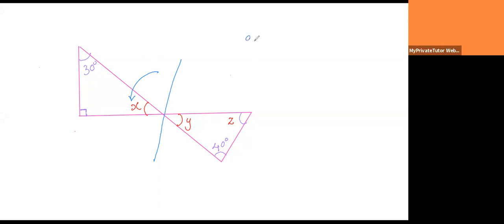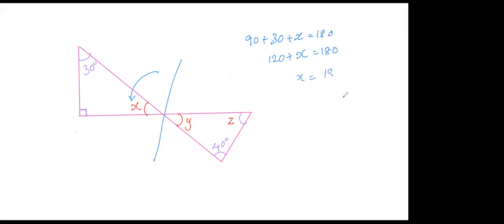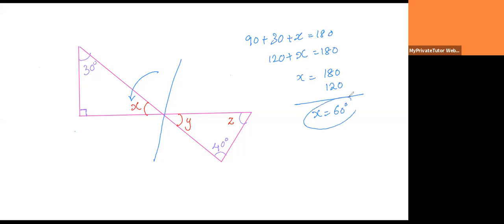So 90 plus 30 plus X equals 180. So 180 take away 50, 120, sorry, 60. So you're going to write the angle X is 60 degrees.